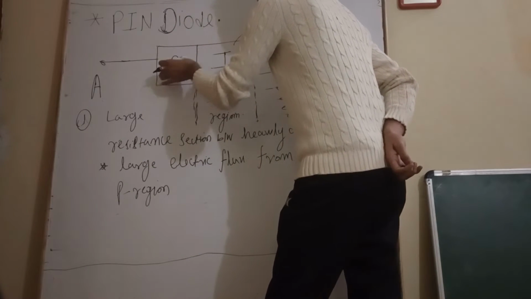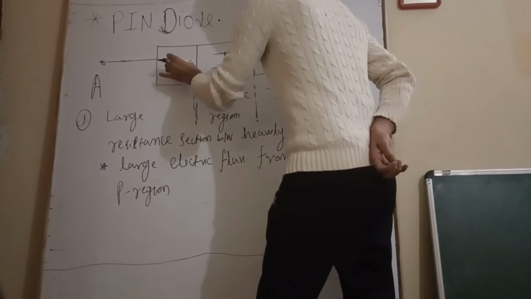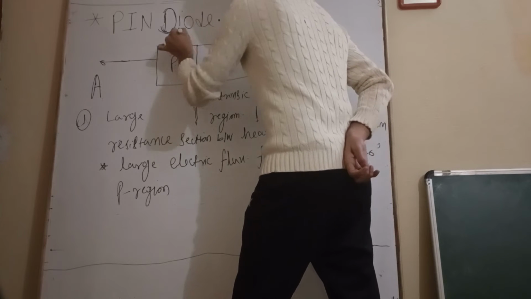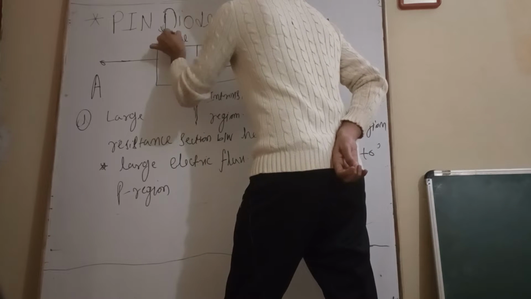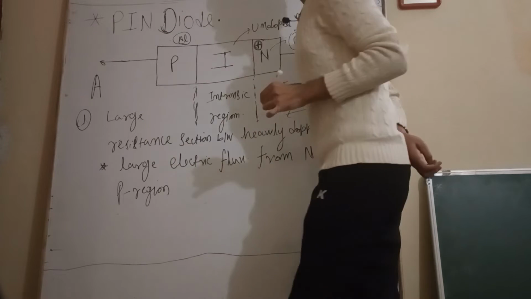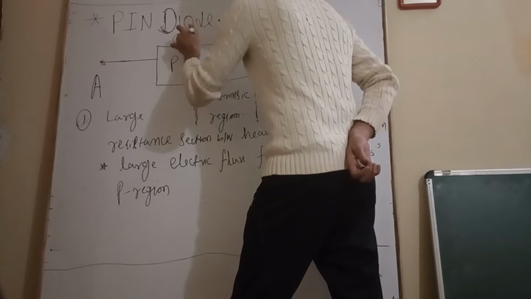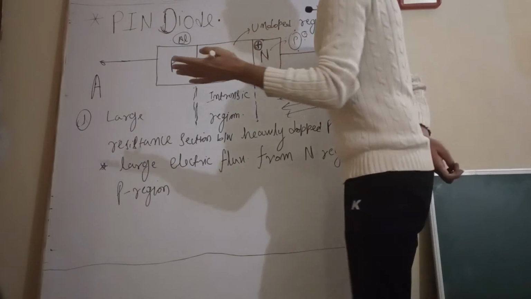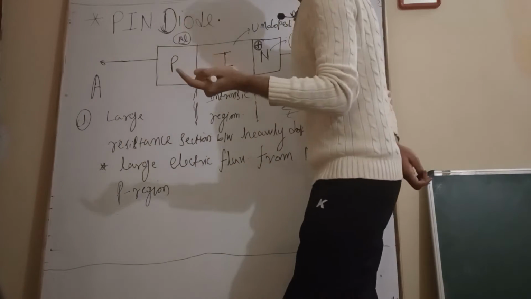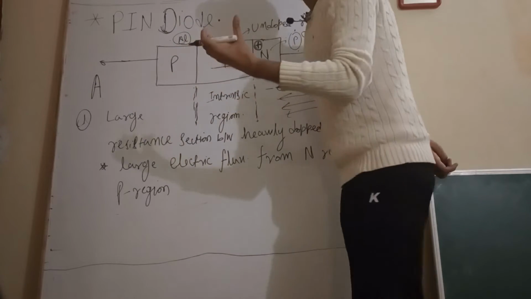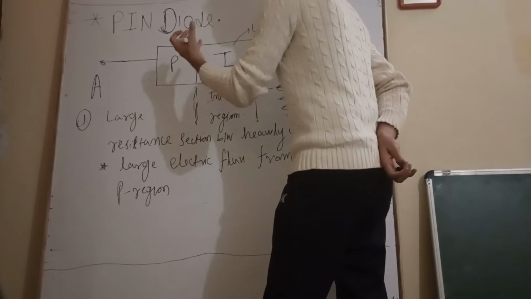Similarly, here P is a trivalent impurity. In the P region there is a trivalent impurity, let us say aluminum. Aluminum has 3 electrons. When we dope this with silicon, there are a total of 7 electrons, and we need one more electron to make the full octet so that it becomes stable.